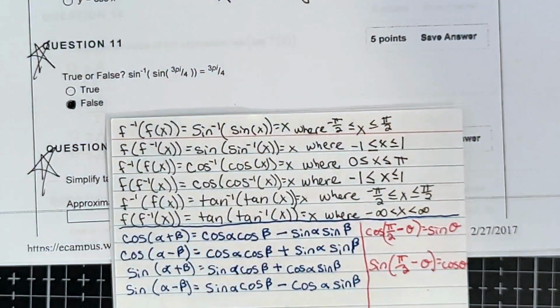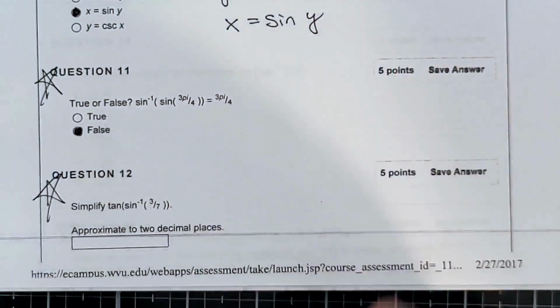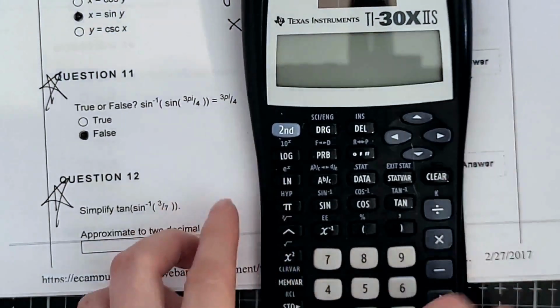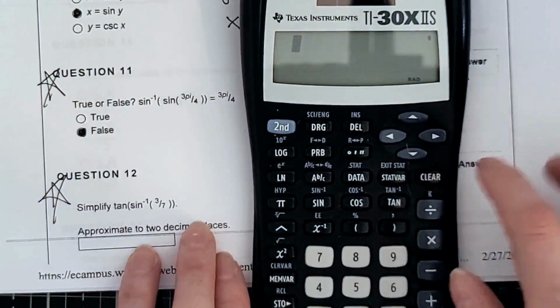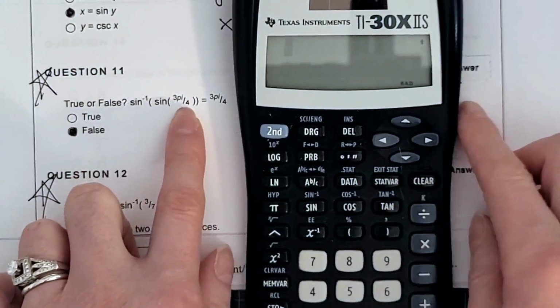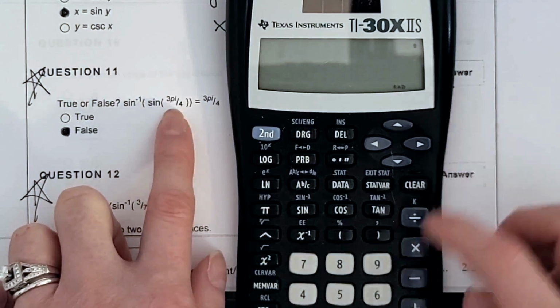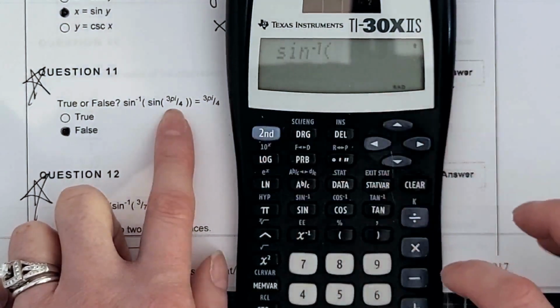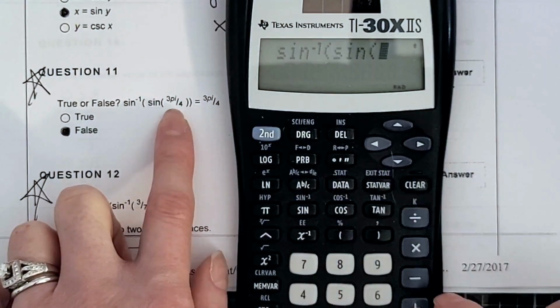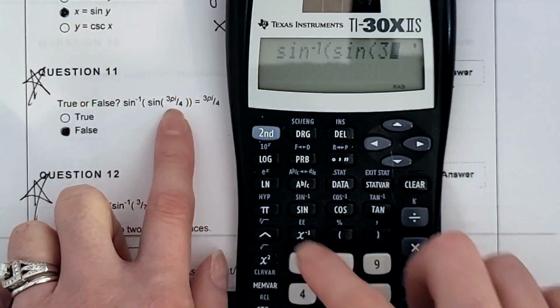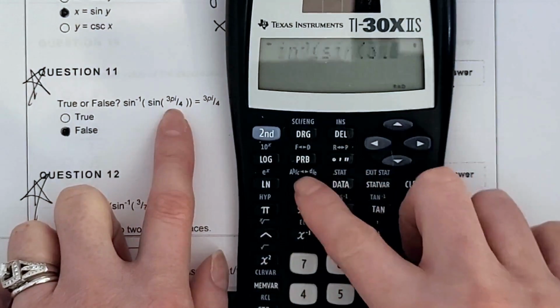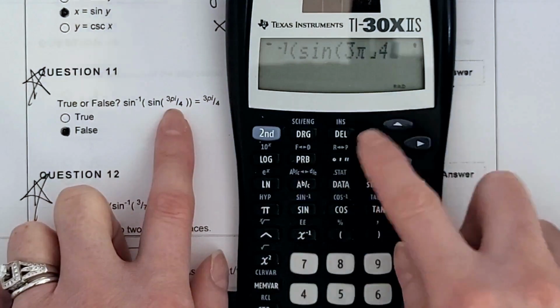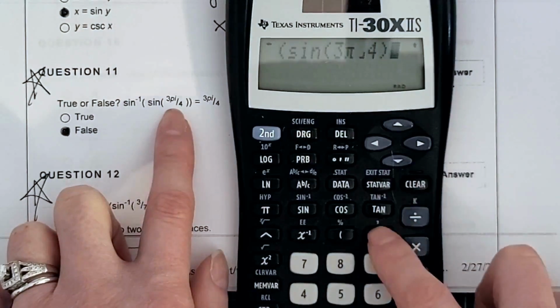Okay? The other thing that you could do if you didn't have that memorized, I would type it into the calculator. Make sure that you are in radians since you have a pi there. So sine inverse sine, and this is 3 pi over 4. I'm going to use the ABC button for my fraction.